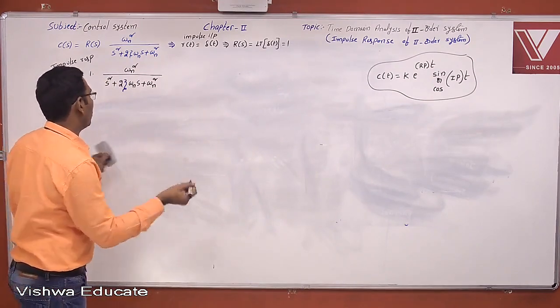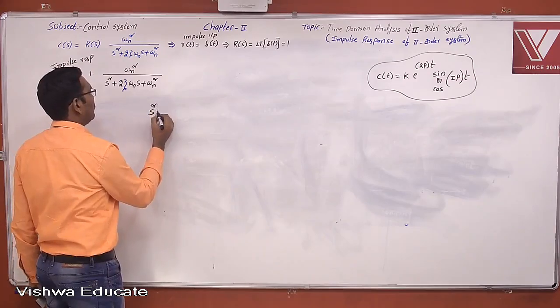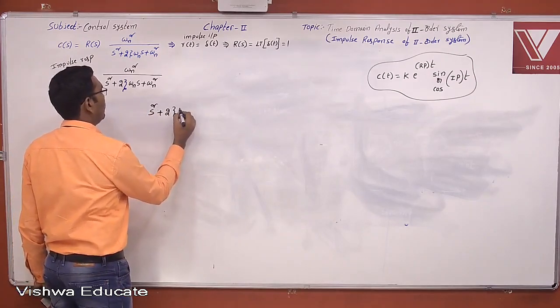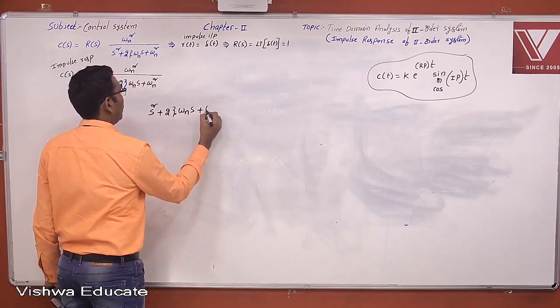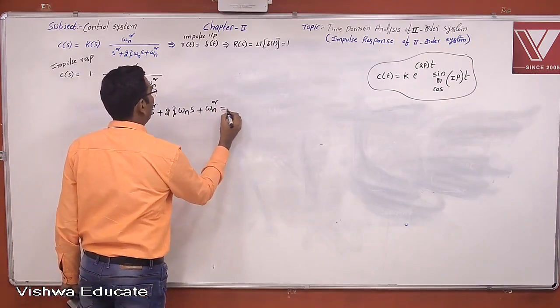Now this is the characteristic equation. First you find the roots of this characteristic equation: s square plus 2 zeta omega n into s plus omega n square equal to 0.